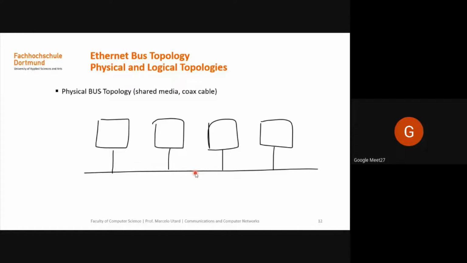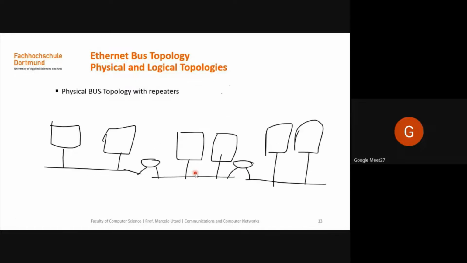Then the second scenario is if we need to cover a further distance, we need to transmit signals farther, beyond those 500 meters in the case of a thick coaxial cable, or 185 meters in the case of thin coaxial cable.